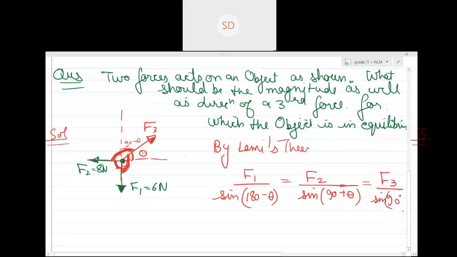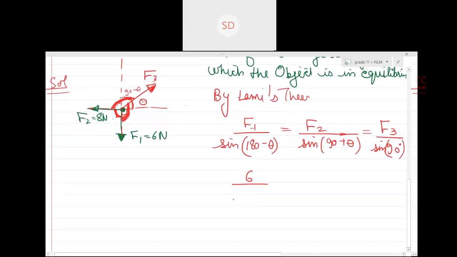So can you see Lami's theorem? F1 is given how much? F1 is 6. And sine of 180 minus theta is how much? Sine theta, right? Should be equal to F2, which is 8, and sine of 90 plus theta is cos theta.